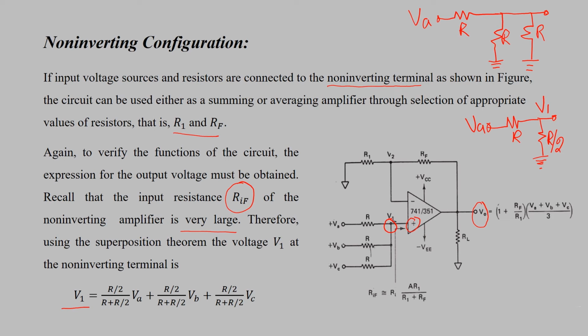So because of VA, the voltage at point V1 is R by 2 over R plus R by 2 into VA, by calculating this as a voltage divider. Similarly, because of VB, this becomes R by 2 over R plus R by 2 into VB, and because of VC, it will become R by 2 over R plus R by 2 into VC.